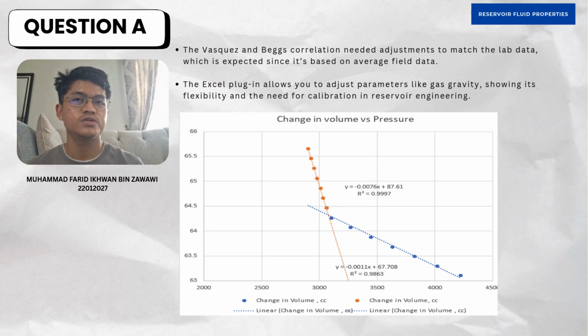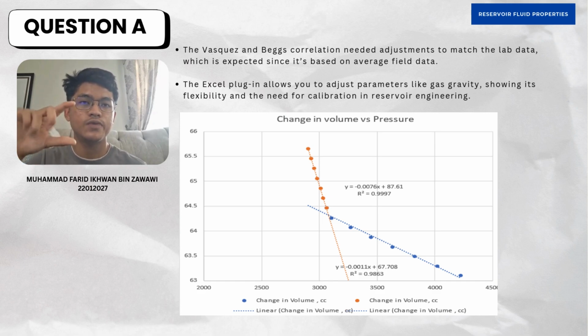To calculate the SG first, the reference we take is the CCE test. For the Vasquez-Beggs and the plug-in, we must make the value almost the same as the reported Pb from the CCE test.